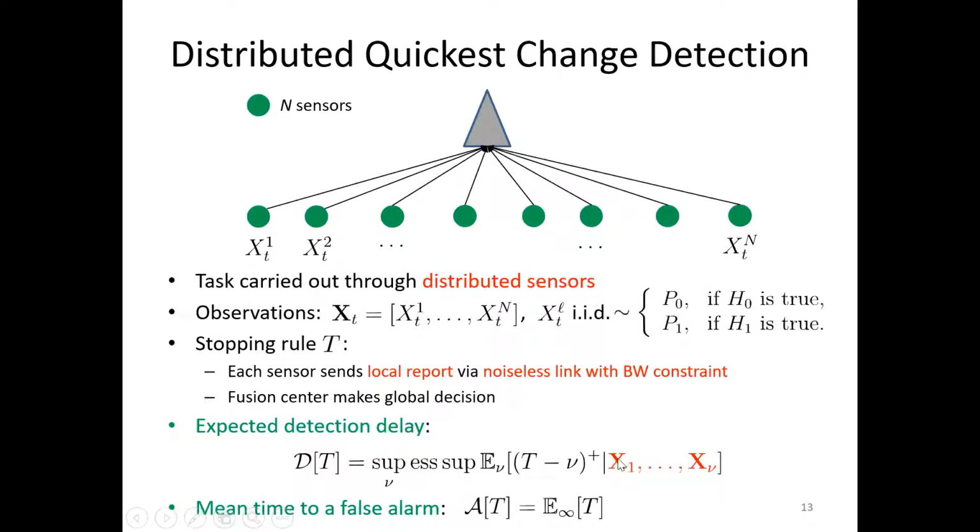So now we have to condition on all the pre-change observations, and they are vectors like here, and also your T has these two parts. So that's a function of both the local reports and the fusion rule. That's the difference between this distributed version and the traditional QCD.